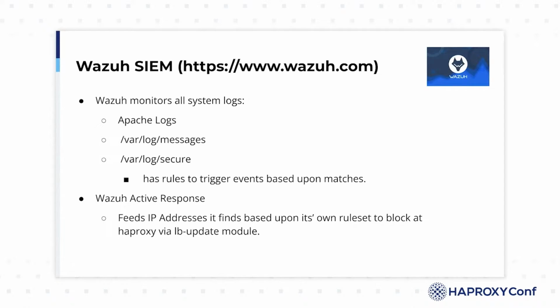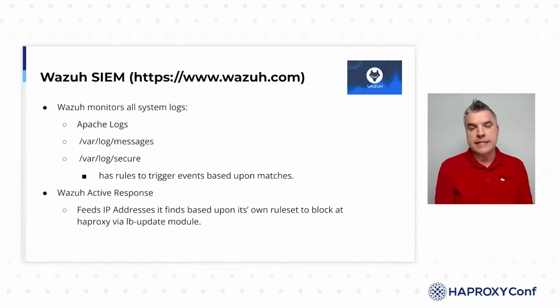Wazuh also monitors all of the log files, whether they're system files or Apache files, and it has its own rule system. And the beautiful thing is, because Wazuh has a built-in active response system, when it fires a rule, it can actually talk to an API, and then we can ingest that with HAProxy Enterprise.